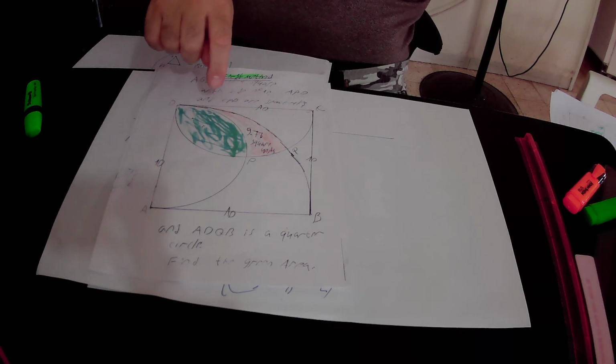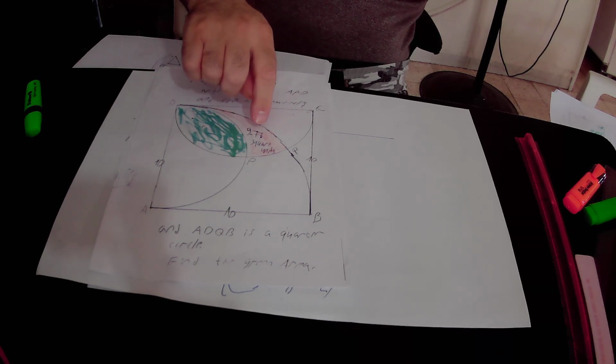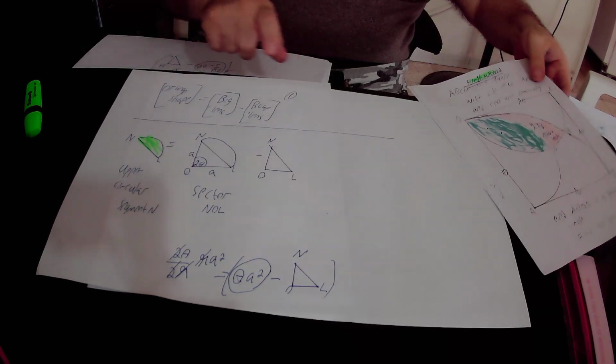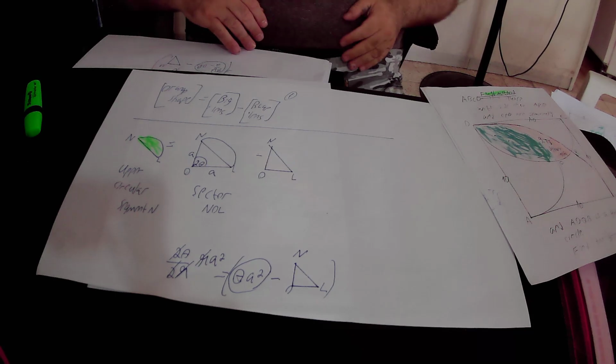The area of the big lens minus the area of the blue lens gives us exactly the area of this orange shape. Okay, this is the formula that we will use in both methods.